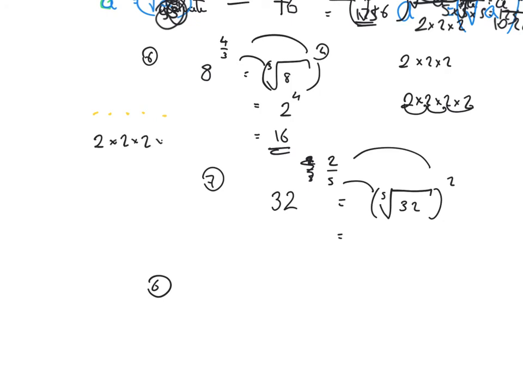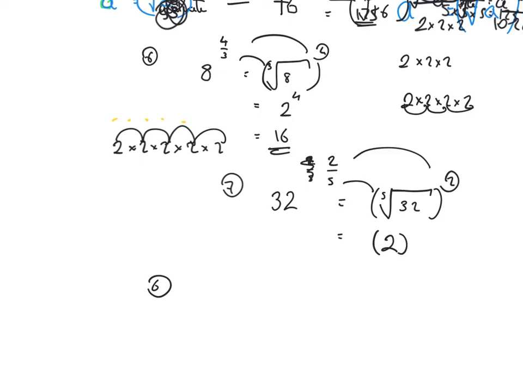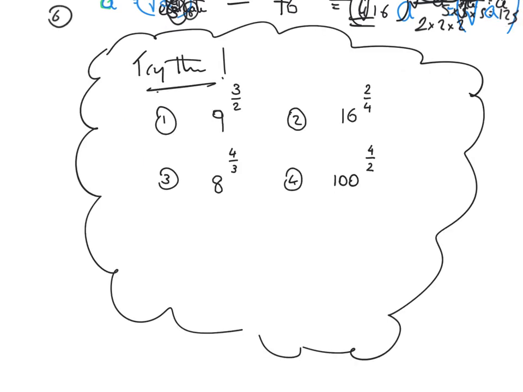Because 2 times 2 times 2 times 2 times 2 is 32. 2 2s are 4, times it 2 is 8, times it 2 is 16. And times it by 2 again gives you 32, so that's going to be 2. And then it's 2 squared, 2 2s are 4. Okay, so now you're going to try these ones.